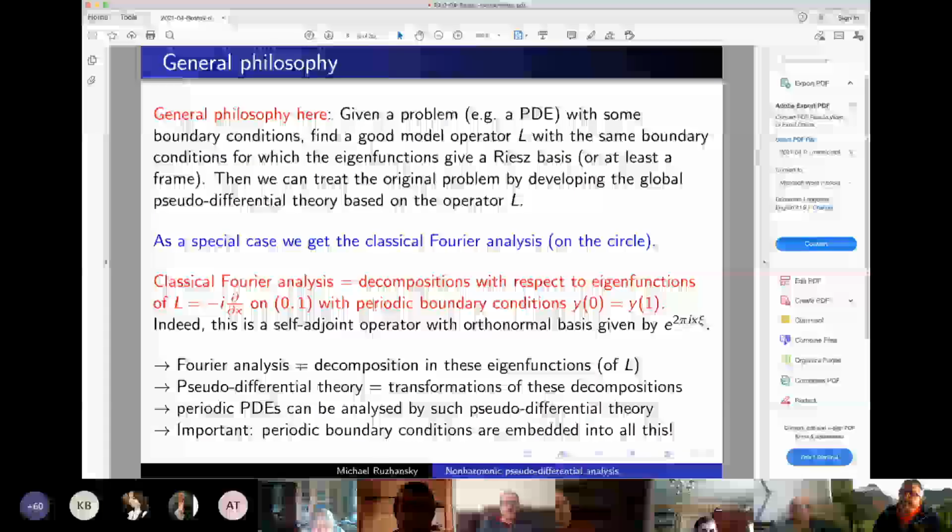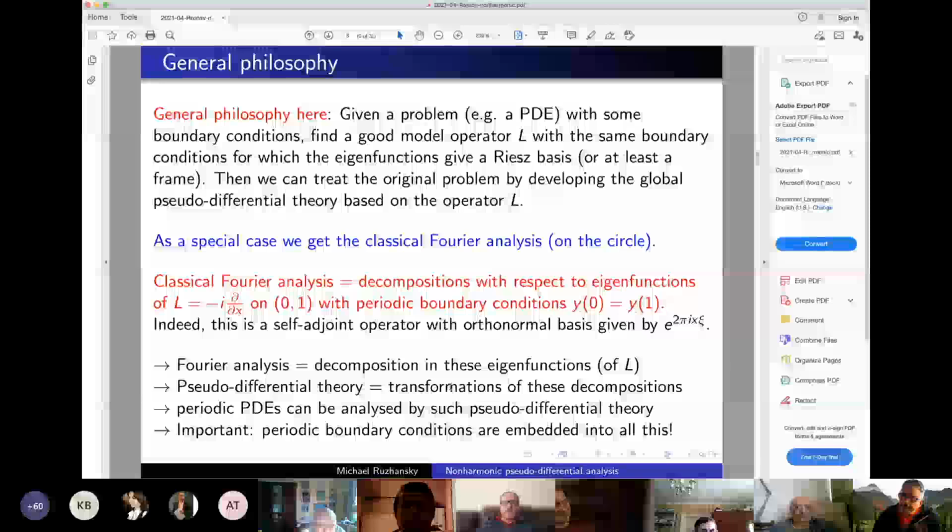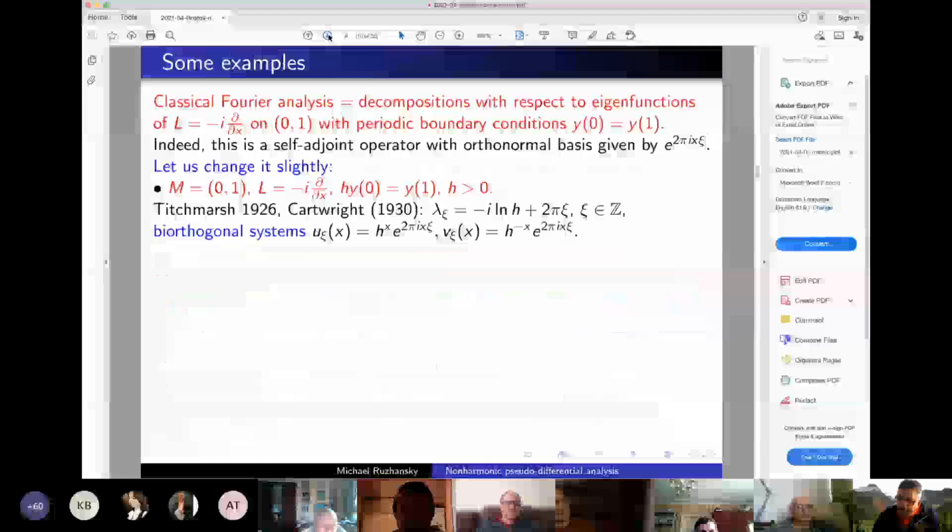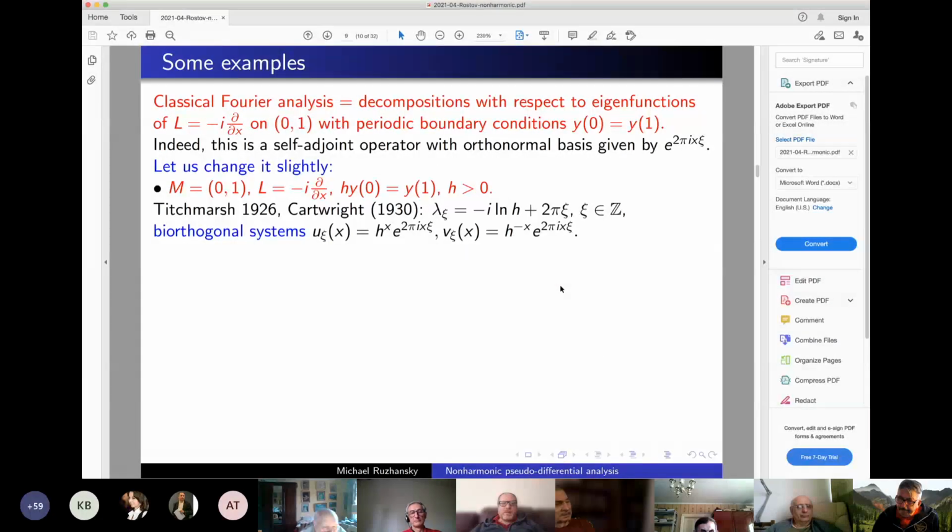And then we can think of pseudo-differential theory again as transformations of these decompositions, and partial differential equations with these boundary conditions we can analyze using this new pseudo-differential theory. So this is the philosophy behind this approach, and I will show it. So let me give you an example.